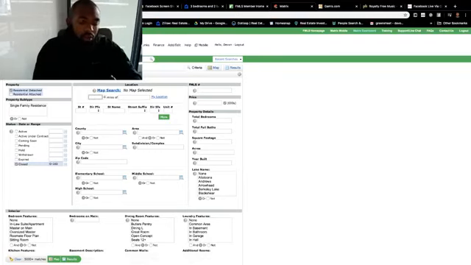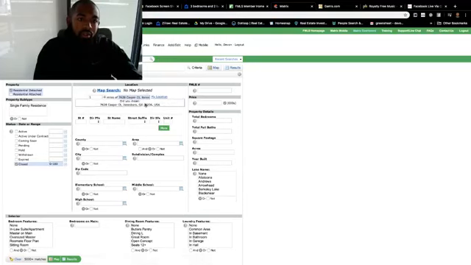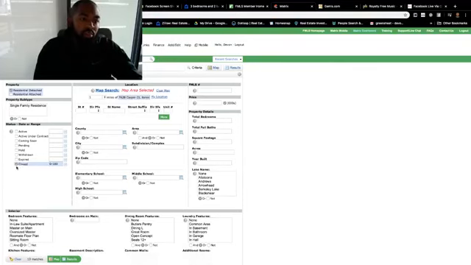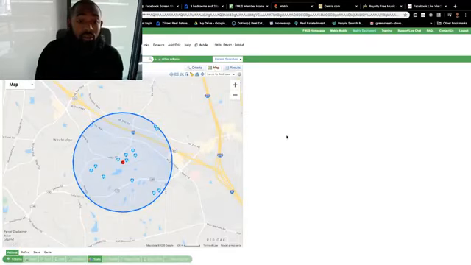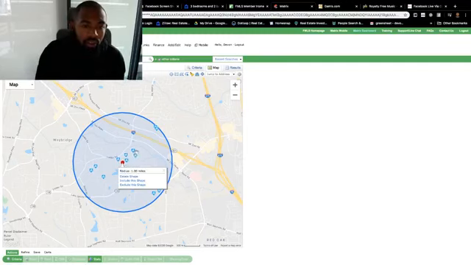So I'm gonna do a mile radius of our address here, and we're gonna work with closed properties just to give you a general idea of what it looks like on the map. Something similar to Zillow, right? So we have what, 1, 2, 3, 4 on the same street here, and we got some down the road here. So look at this.